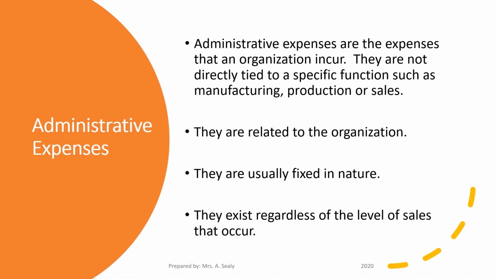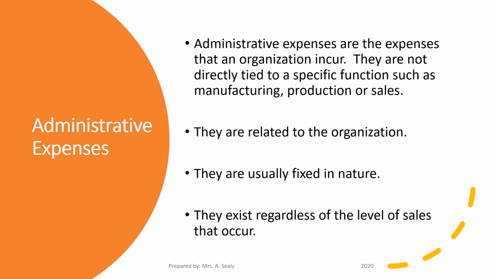These particular expenses are usually fixed in nature, which means they do not change usually from month to month, year to year, per se. So they're usually fixed, and they exist regardless of the level of sales that occur within the company.